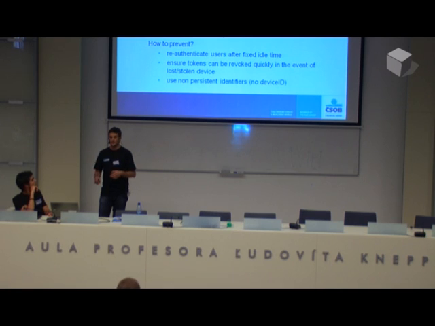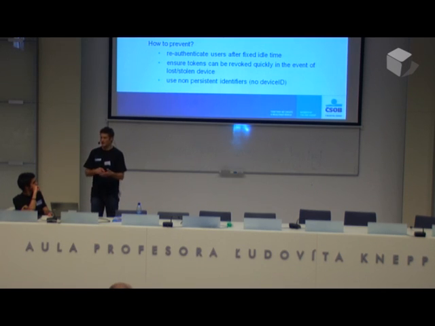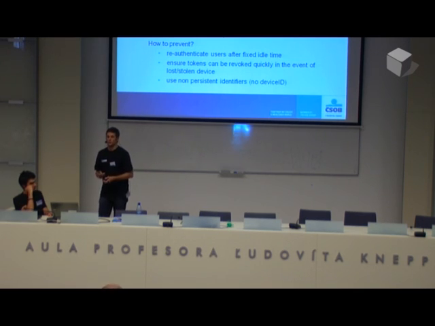You don't have your phone anymore, you take a friend's phone, call your bank, say, please block my application. That I can do it. It's not only for mobile banking, it's for applications in general where you deal with sensitive data. And do not use non-persistent identifiers, like a device ID. That's persistent, always available, always on this device. Yeah?